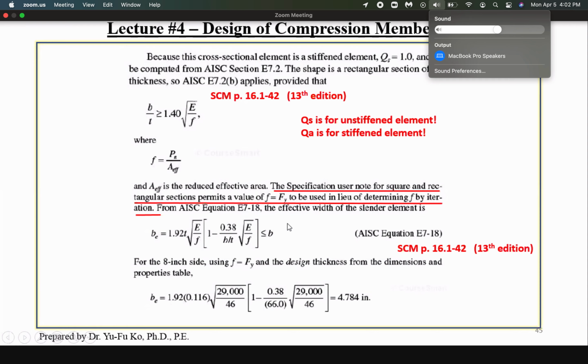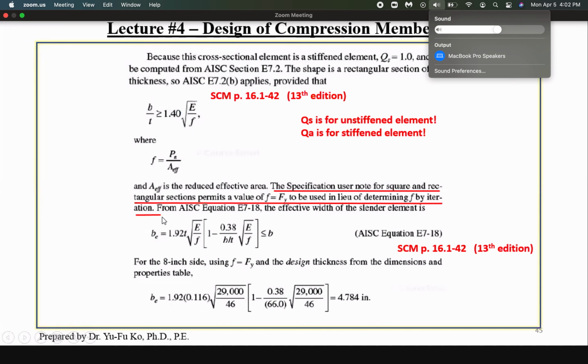So, let's start with the simplifying approach. Let's assume f is equal to Fy. So, from AISC equation E7-18, the effective width of these slender elements is equal to this equation. be is equal to 1.92 t square root of E divided by f times 1 minus 0.38 divided by b over t square root of E over f.